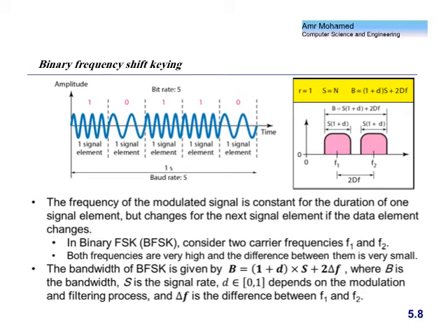So the signal rate for this signal is S times 1 plus D, so the bandwidth is S times 1 plus D. And the bandwidth of this signal is, again, S times 1 plus D. And then I have to separate the two signals using this delta frequency. So this is what we call 2 delta F.